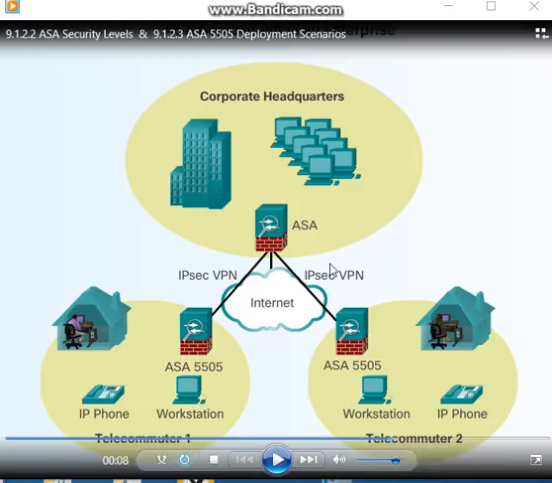This picture is also an enterprise deployment, and the ASA 5505 can be used by telecommuters. The ASA 5505 is being used by telecommuters and home users, and they are used to connect to central locations using IPsec VPN.